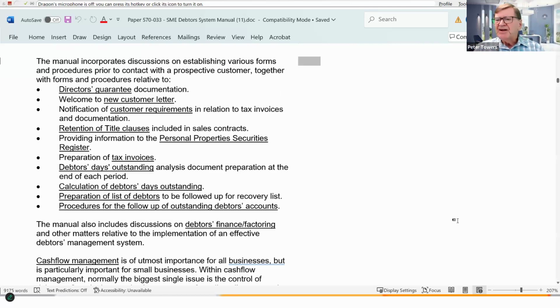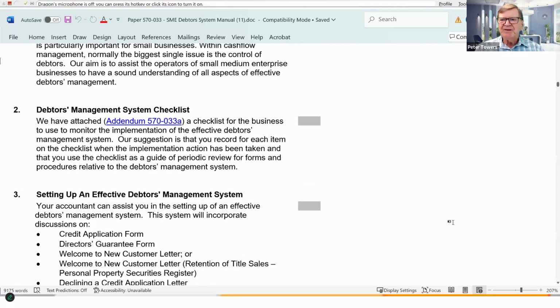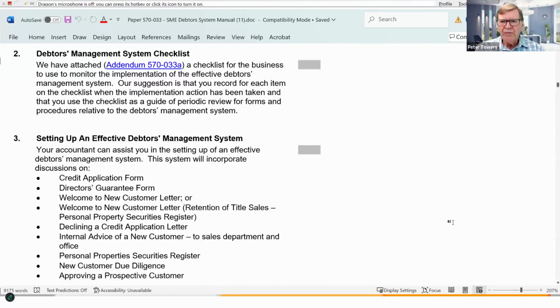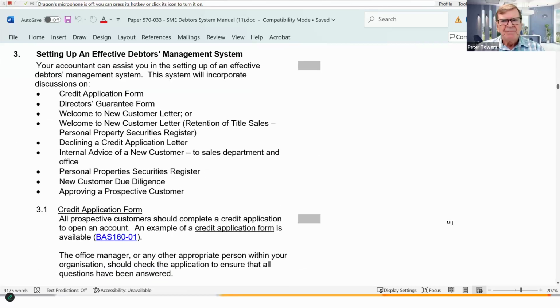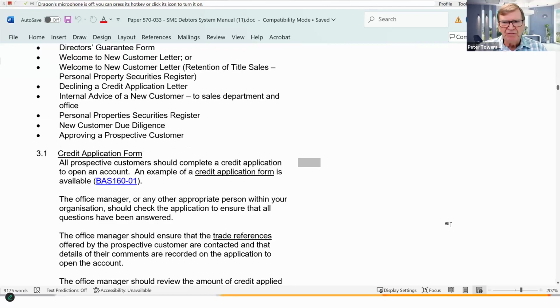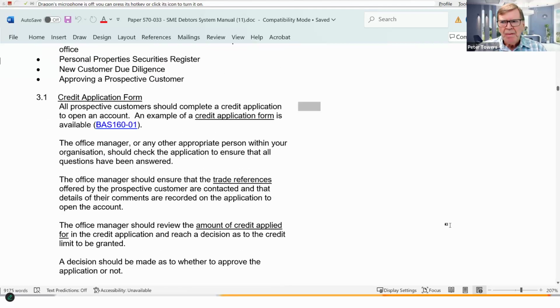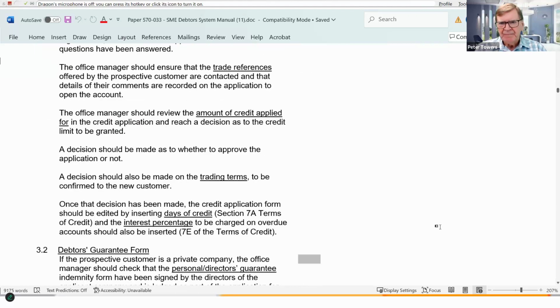The calculation of the debtors' days outstanding is very important. So this paper takes you through a whole range of the matters to undertake debtors. Before talking to your client, please read this. Make sure you're familiar with it and understand the processes.